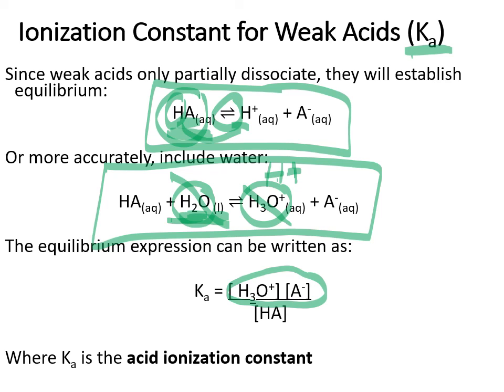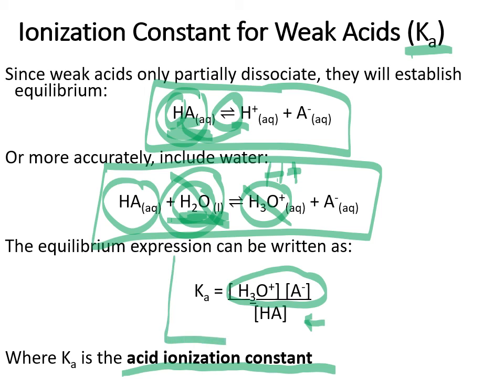So we have our concentration of products over our concentration of reactants, and remember, because water's concentration doesn't change, it doesn't show up in the denominator here, so we just have the concentration of the original acid. And this will give us what's called the acid ionization constant, or our K value, just like any other equilibrium expression. It's got a K value for it. And because acids are a particularly important type of reaction when we talk about them, we give it the subscript A, and we refer to this as the acid ionization constant.